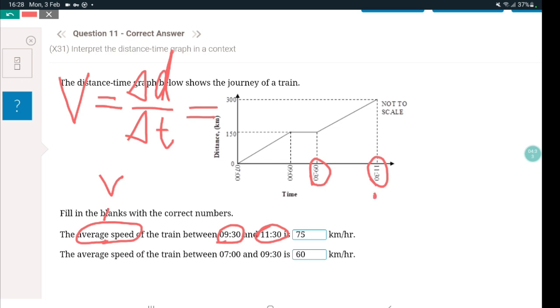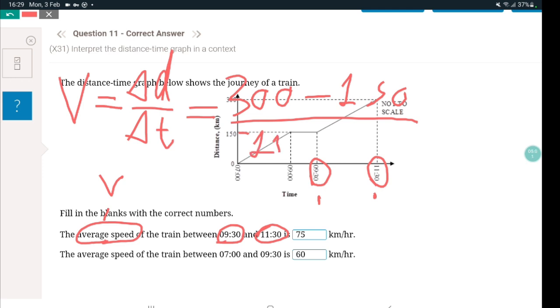This is the final time, so final distance 300 minus the initial distance, which is here, 150, all of that over 11:30, so it's 11.5 hours minus 9:30, which is 9.5 hours.